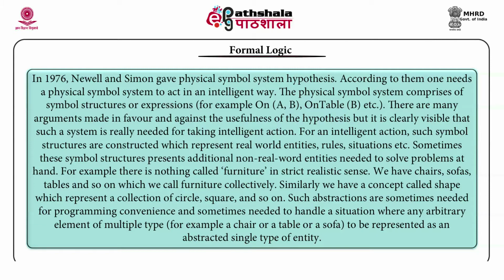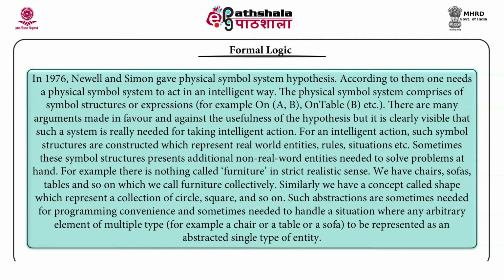So basically, what we are discussing is that you need some kind of symbol structure, some way of using symbols to make sure that we can infer from it, conclude something from it, and prove something from it. Newell and Simon, two scientists long back, provided something called the physical symbol system hypothesis.